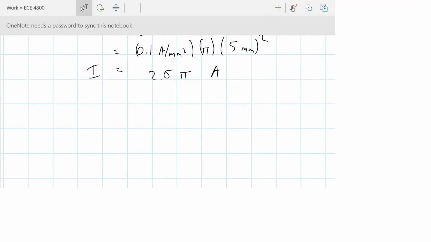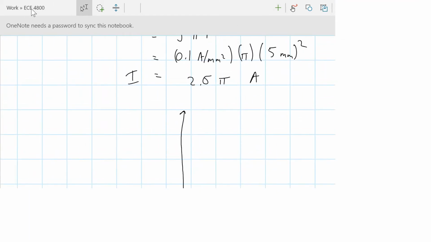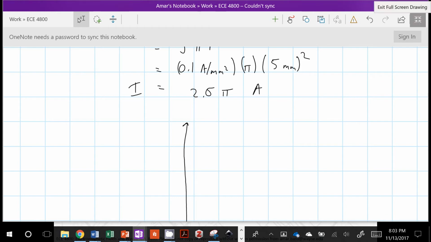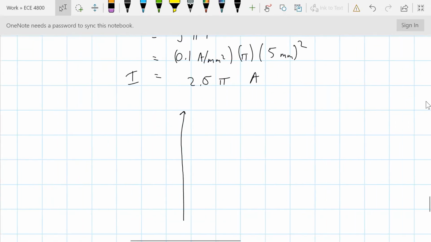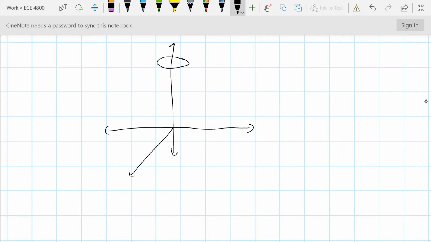So let me quickly show you how to do this one. So in this problem here, we're in the cylindrical coordinate system, and we have a wire along the z-axis like this.